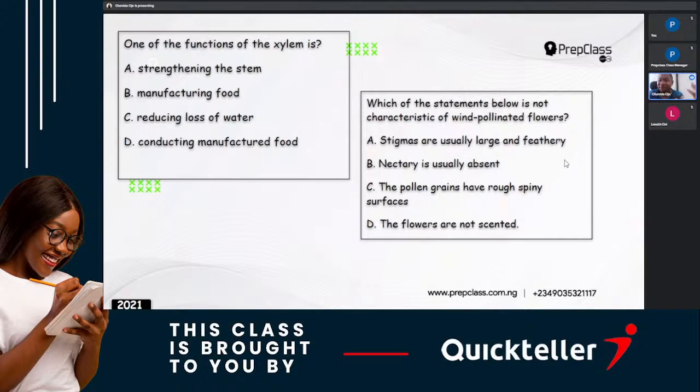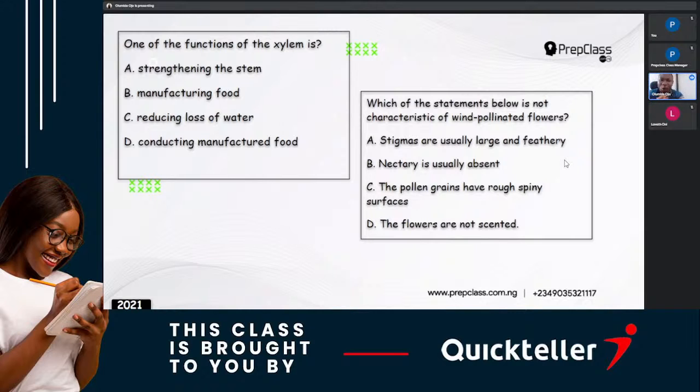You get it now? The third one is the cambium. The cambium is the one that causes the growth of both the phloem and the xylem. So the xylem brings the food from the roots to all parts of the plant, the phloem brings the food from the leaves to all parts of the plant, and the xylem is responsible for the physical structure and strength of the plant.